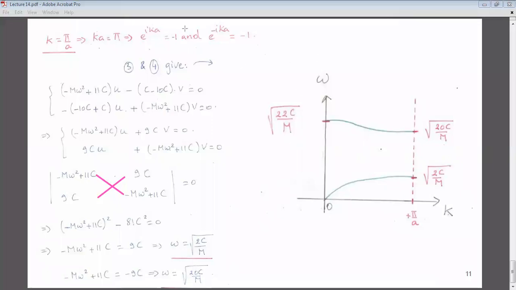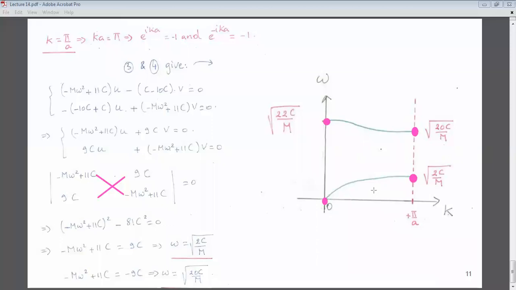So what did I get here? I got that at k equal to 0, I have 0 and the square root of 22C over m. And at k equal pi over a, I got the two solutions, square root of 2C over m and square root of 20C over m. And then I sketch it by eye.